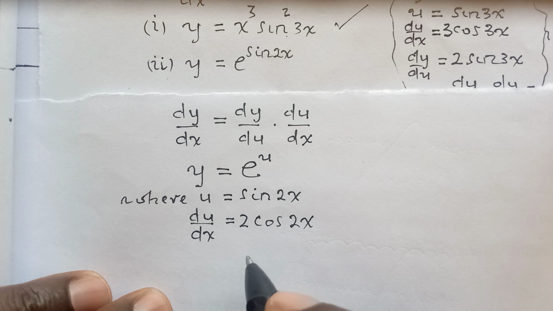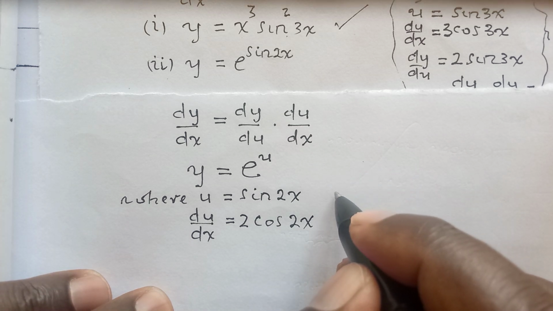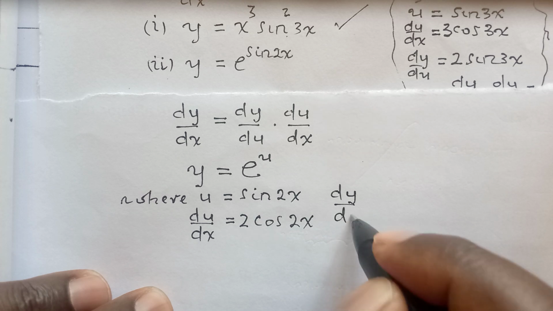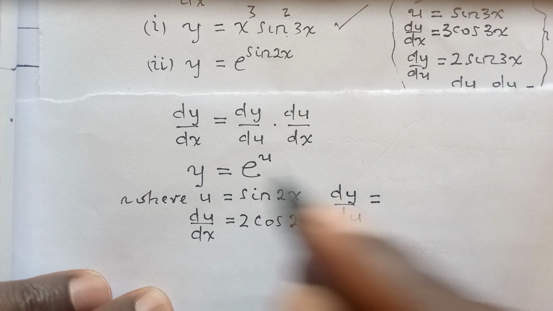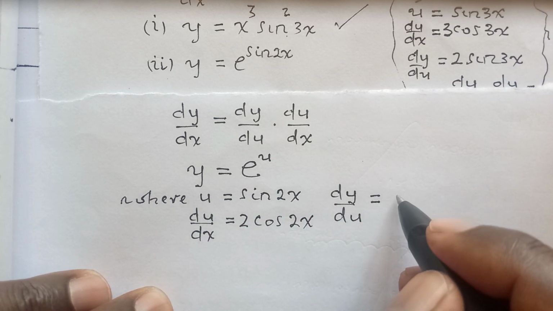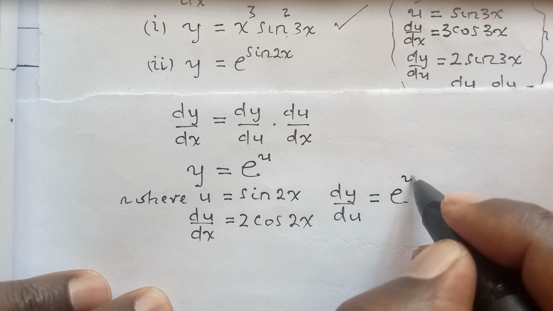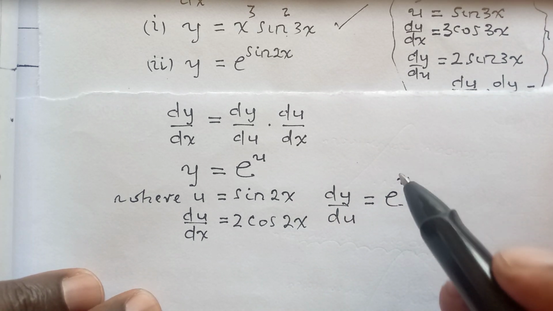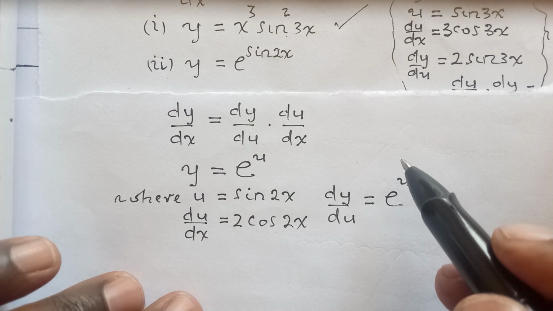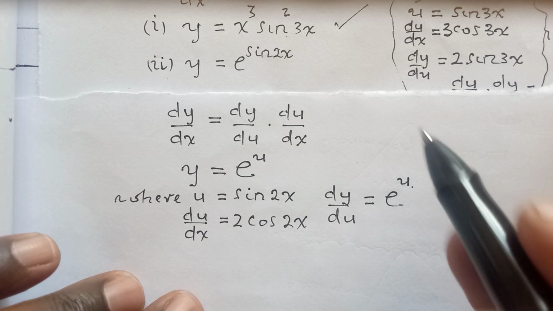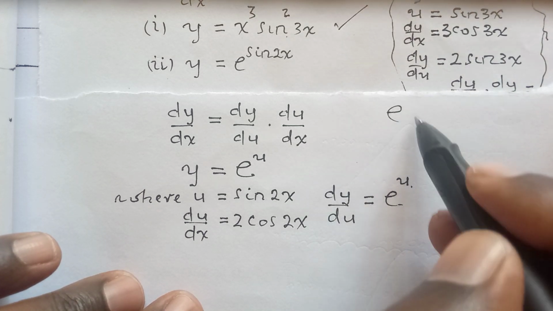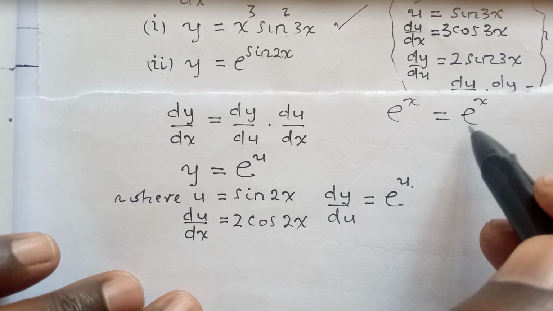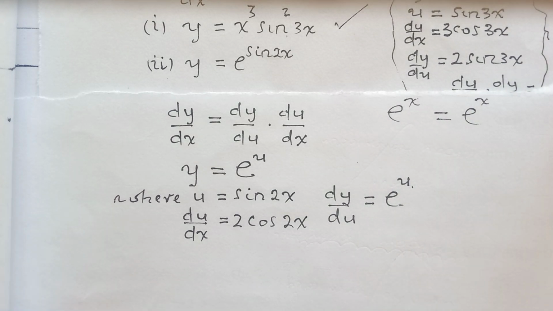Then we come and say dy du from this, you'll get e raised to u, because from our rules of differentiation, the differentiation of e raised to x is equal to e raised to x. It's like that.